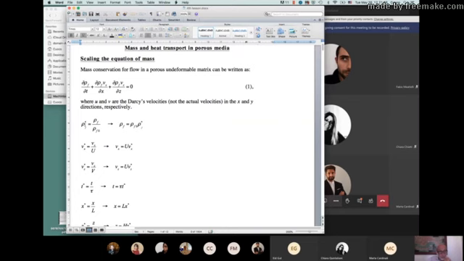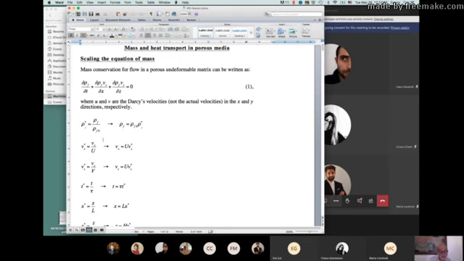So then I can say that my density of the fluid is equal to the maximum density times my dimensionless density. You simply bring the denominator to the other side of the equal sign.